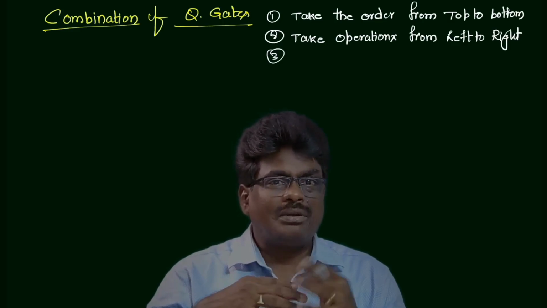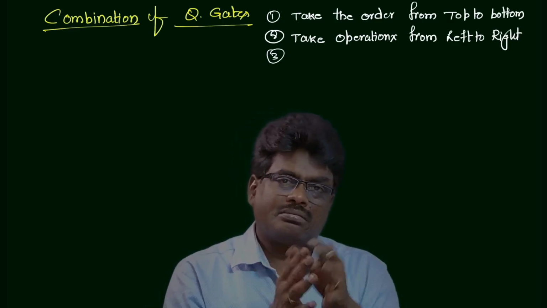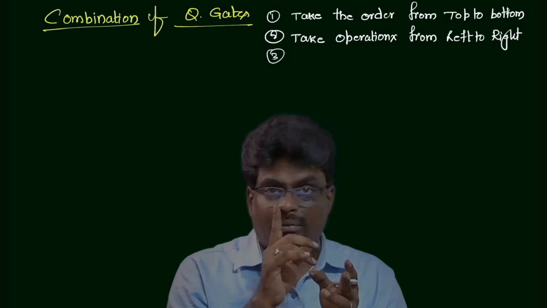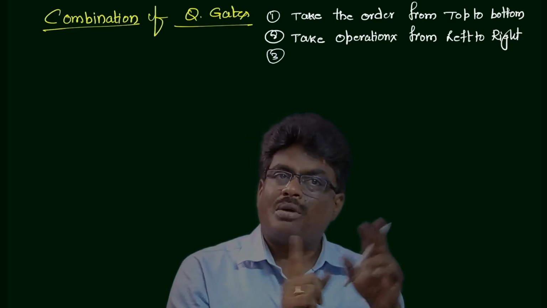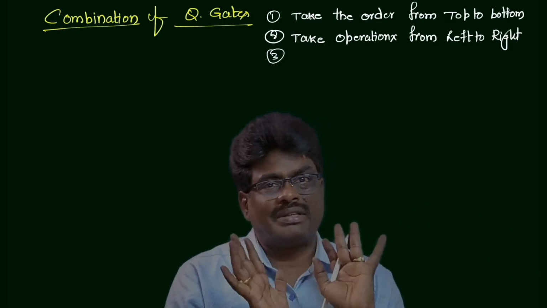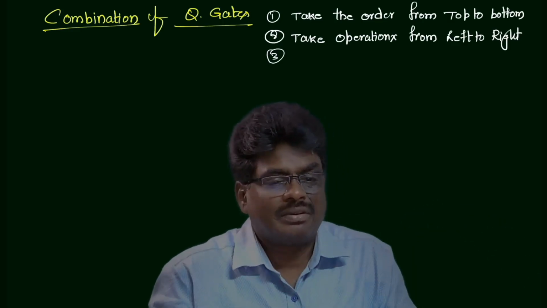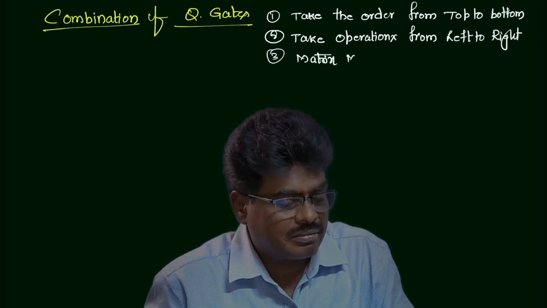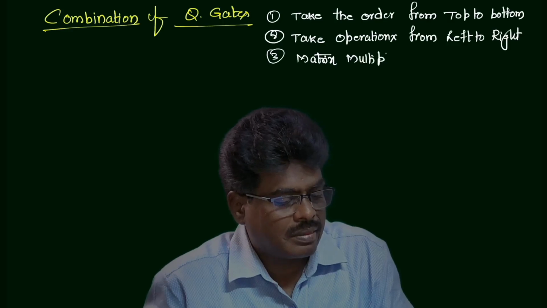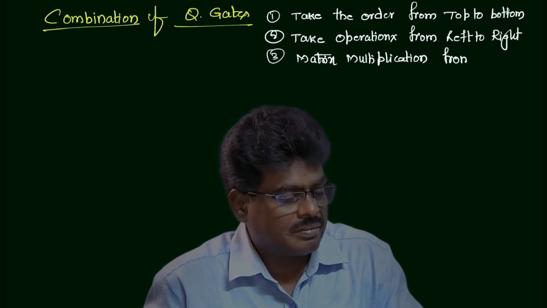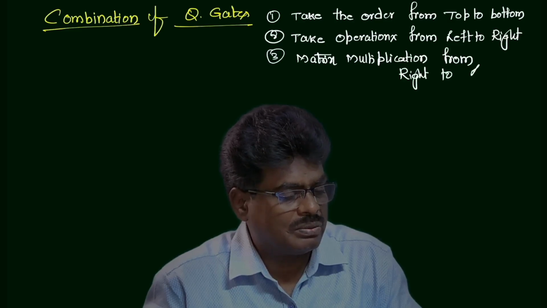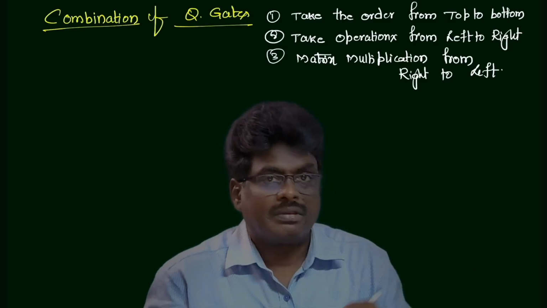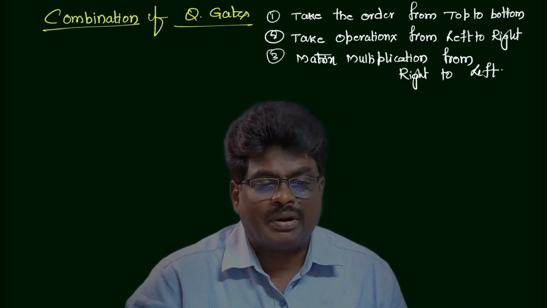So then I will multiply a few matrices. But whenever you are multiplying the matrices you have to multiply from right to left only. Don't forget this please. Matrix multiplication is always, this is general, everybody says this, right to left. So don't forget these three points.